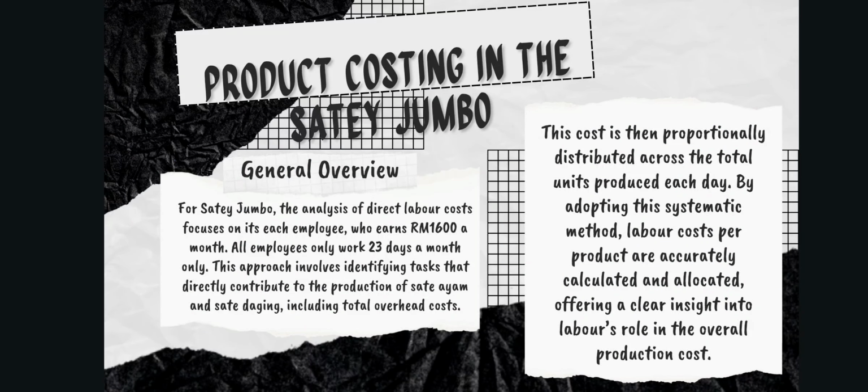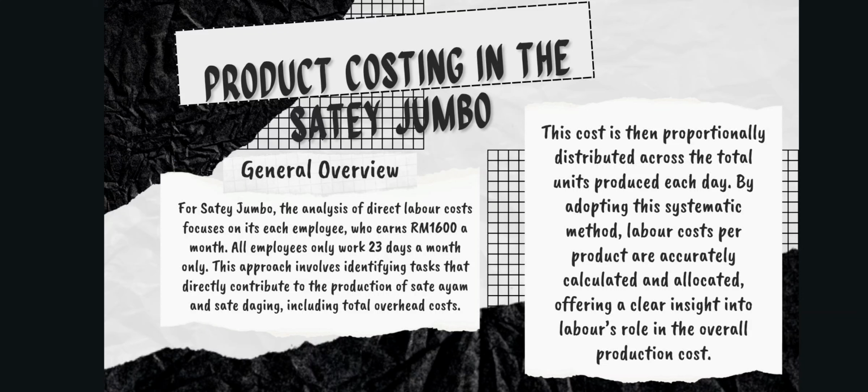For product costing in Satay Jumbo, first the general overview. The analysis of direct labor costs focuses on each employee who earns 1,600 a month. All employees only work 23 days a month.